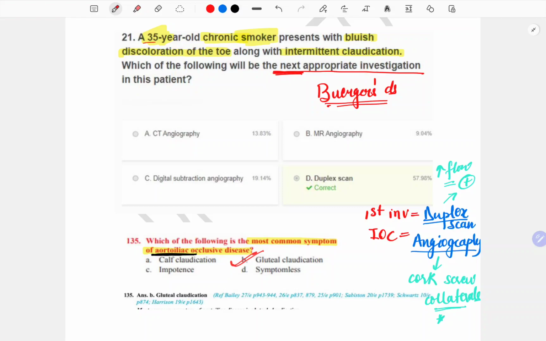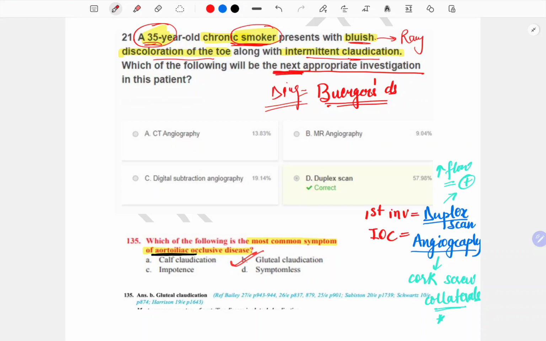A 35-year-old chronic smoker presents with bluish discoloration of the toes with intermittent claudication. What is the next appropriate investigation? The keywords here are smoker, 35, with claudications and bluish discoloration, that is the Raynaud's features. So the diagnosis here is Buerger's disease.